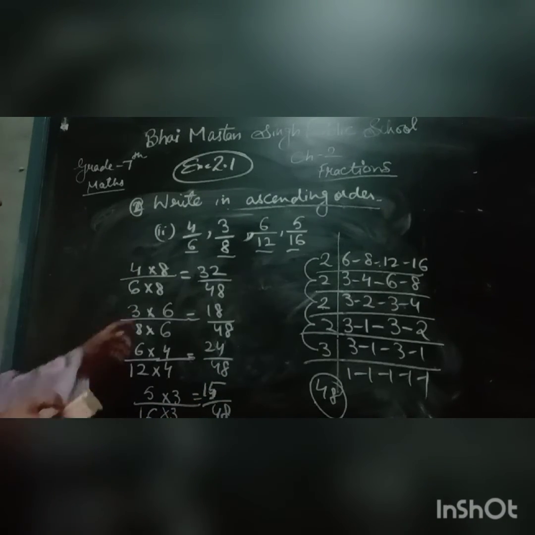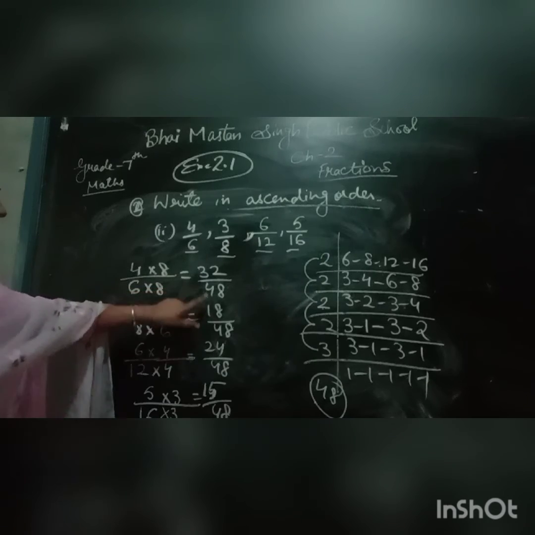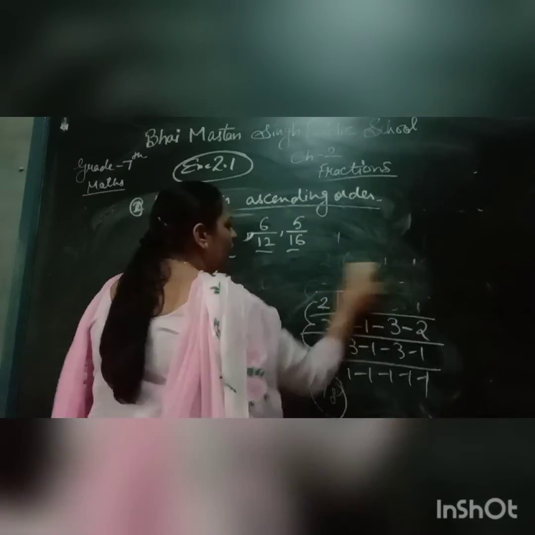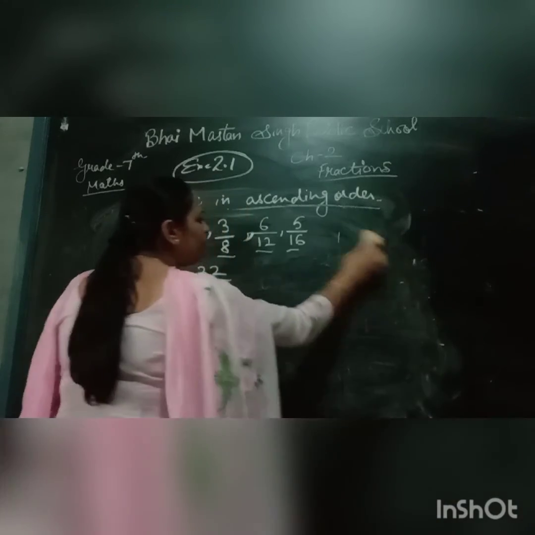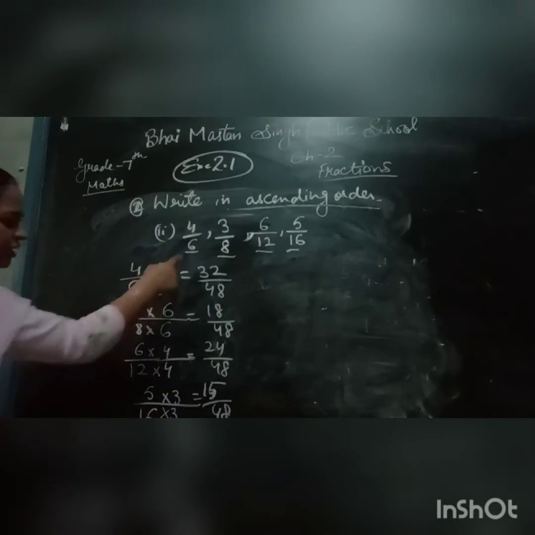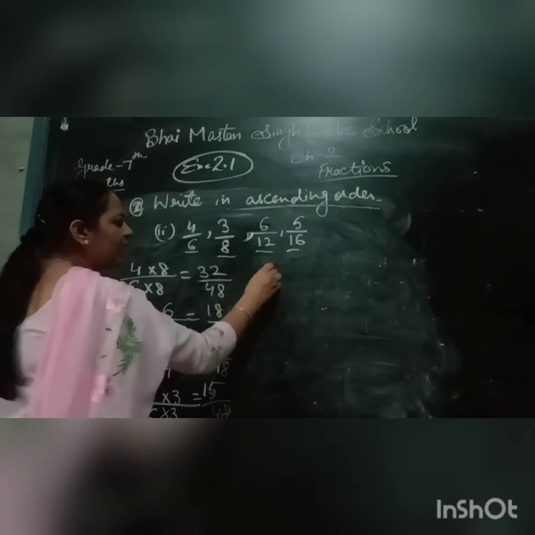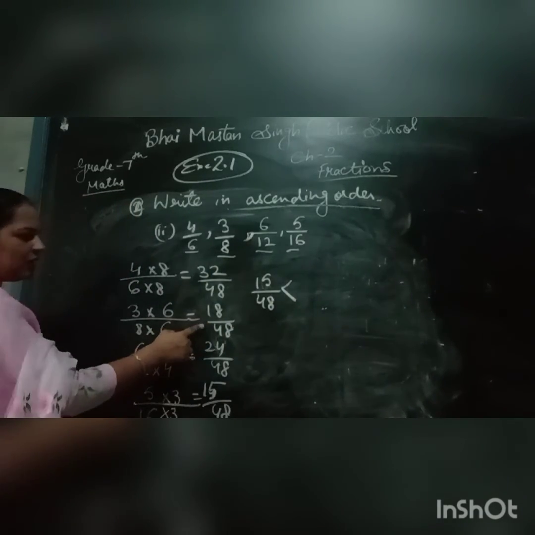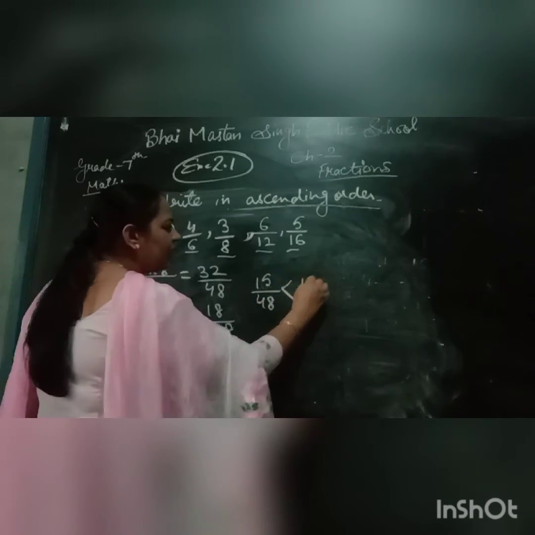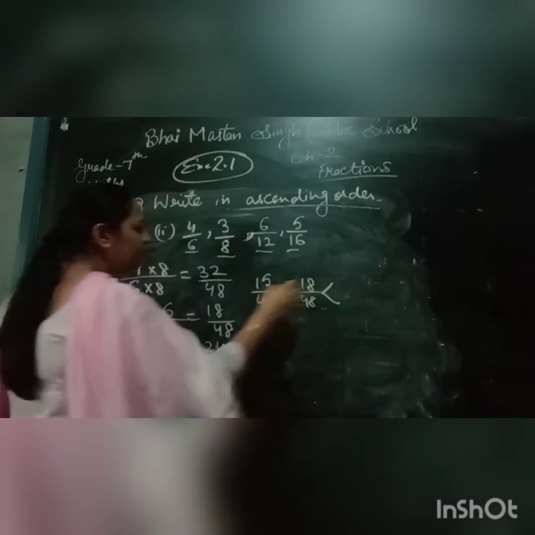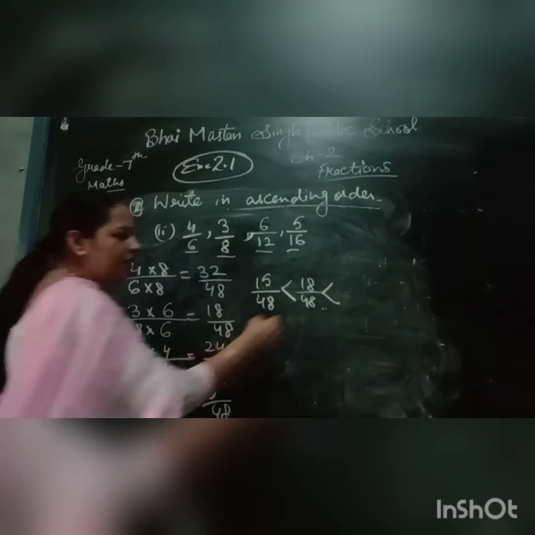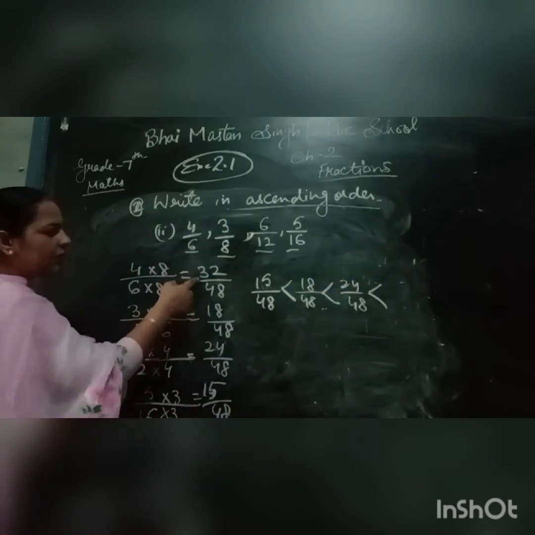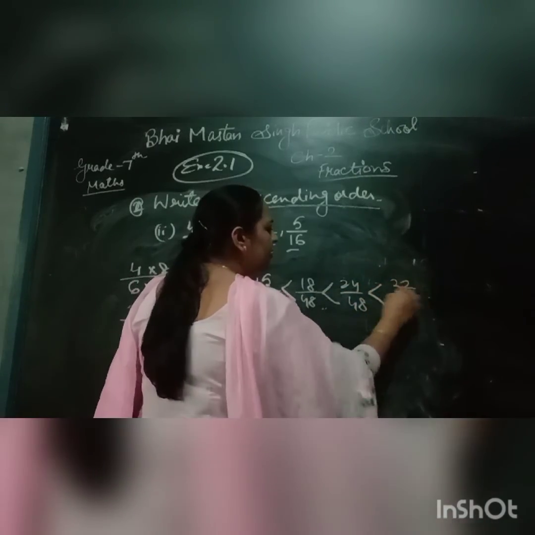I changed all the numbers. Now see, the denominator is the same in all the terms. How can we write in ascending order? I know that the first number will be the smallest number. Which one is smallest? This one. So I will write 15 by 48. Next one is 18 by 48. Find the next greater number, 24 by 48. Next, which one is left? 32 by 48.